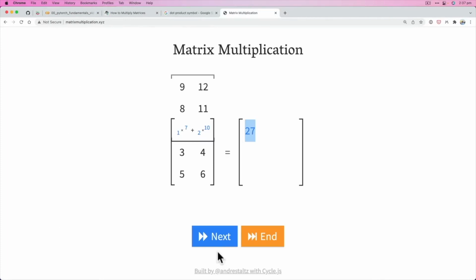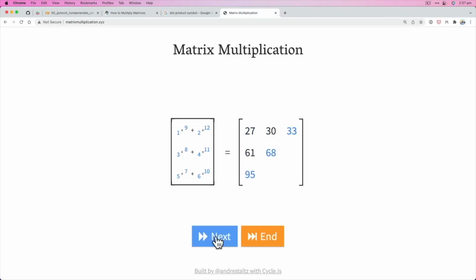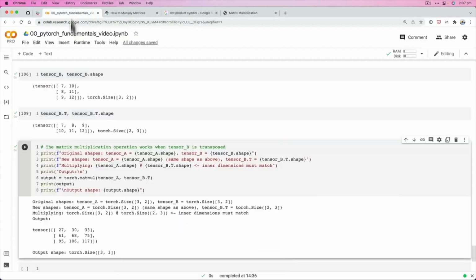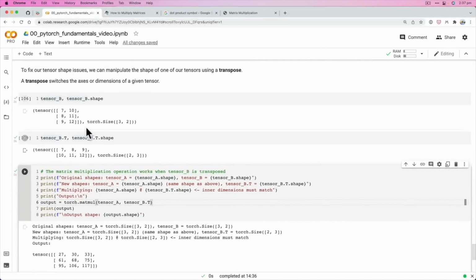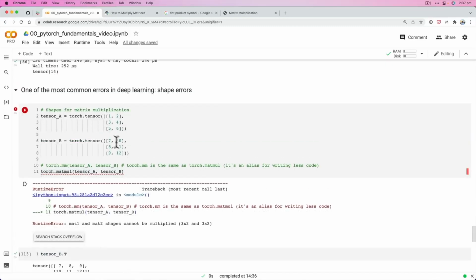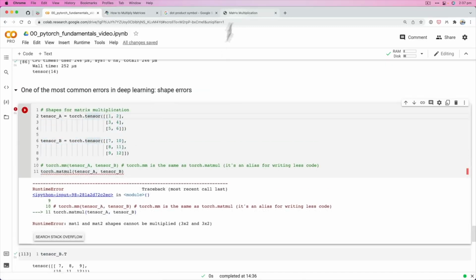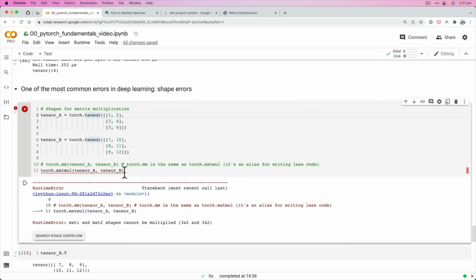Then if we do the same thing, the next step, we get 30 and 61 from a combination of these numbers. Do it again. 33, 68, 95 from a combination of these numbers. Again and again, and finally we end up with exactly what we have here. So that's a little bit of practice for you to go through, is to create some of your own tensors. Can be almost whatever you want, and then try to matrix multiply them with different shapes.